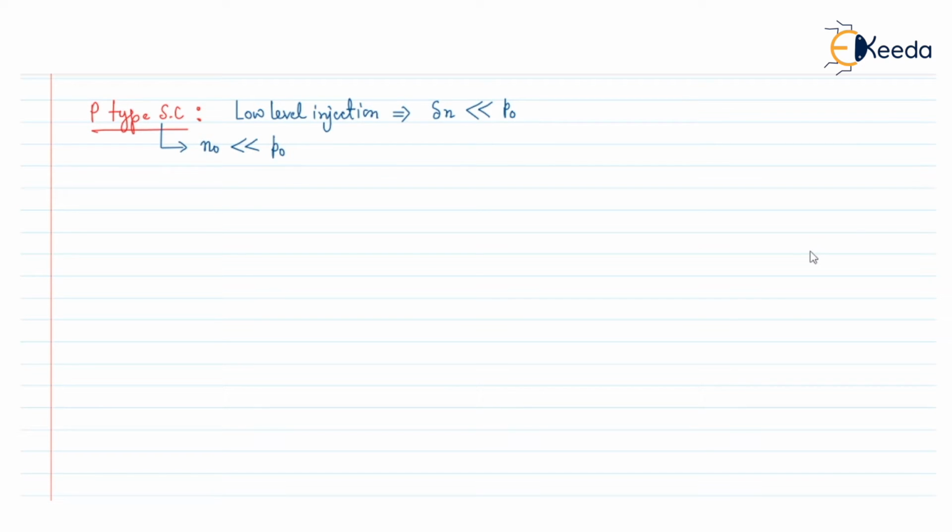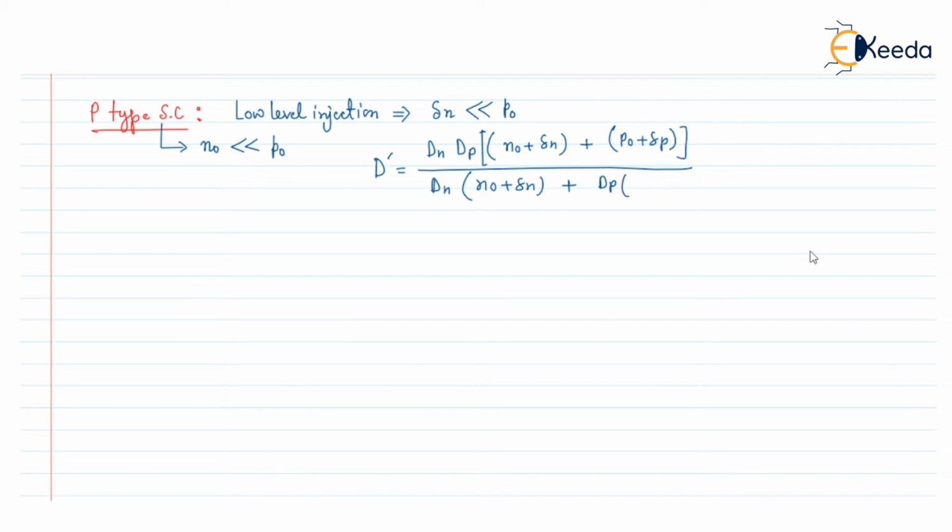So now we have already found the ambipolar diffusion coefficient d dash, and the d dash value is given by dn dp into n0 plus del n plus p0 plus del p, over dn into n0 plus del n plus dp into p0 plus del p.